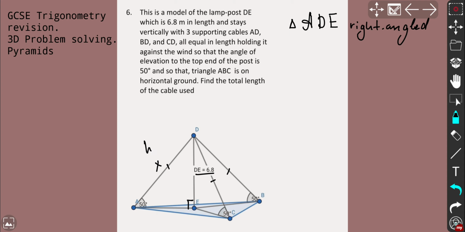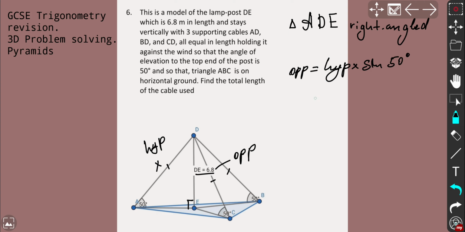This is the hypotenuse. We have DE as the opposite side to the angle 50 degrees, so we can set up the sine ratio. So sine 50 is opposite over hypotenuse, or from there it's better to use opposite equals hypotenuse times sine of angle 50 degrees.